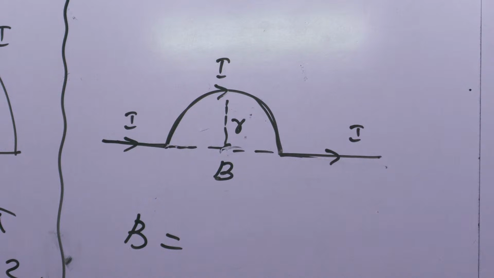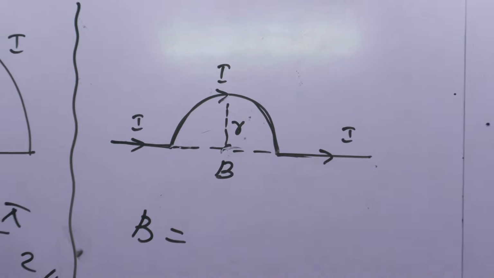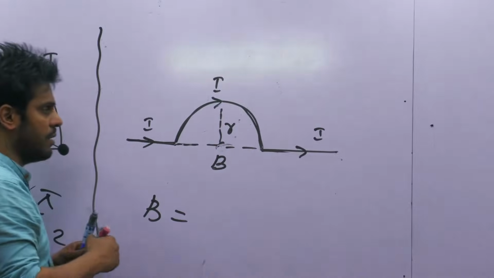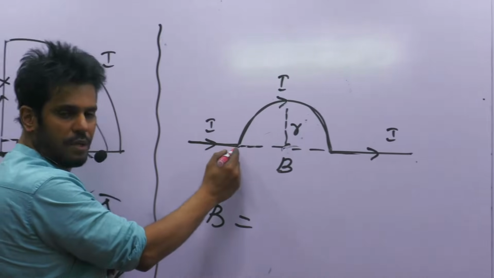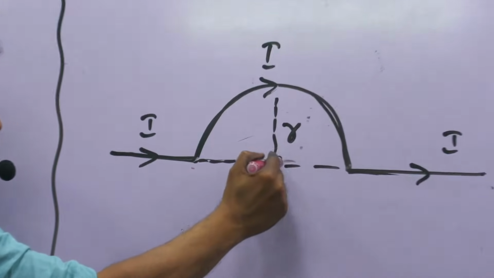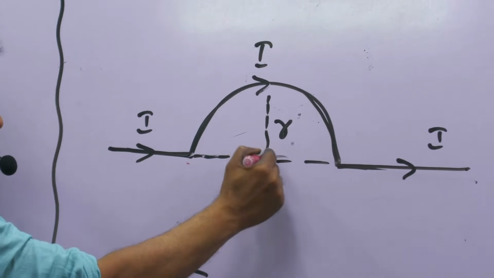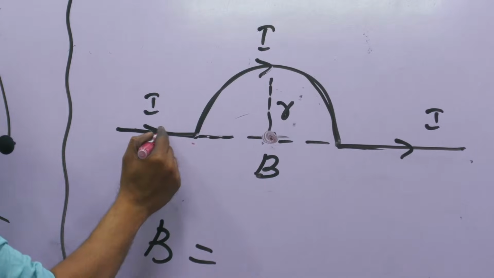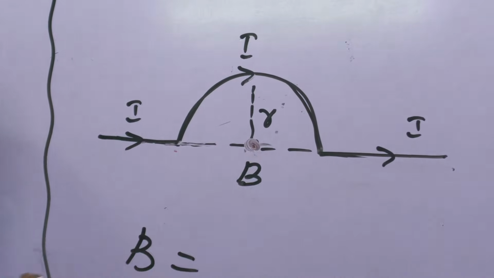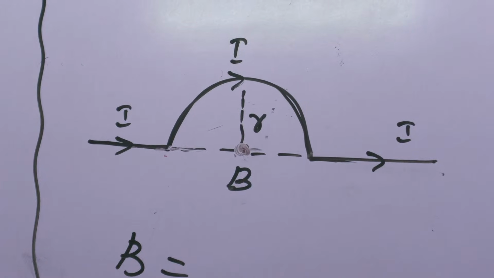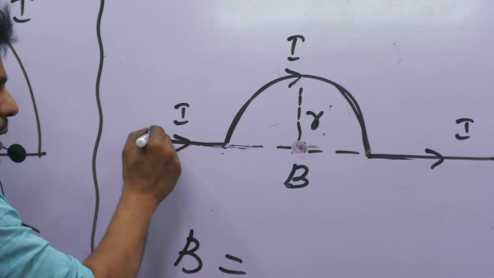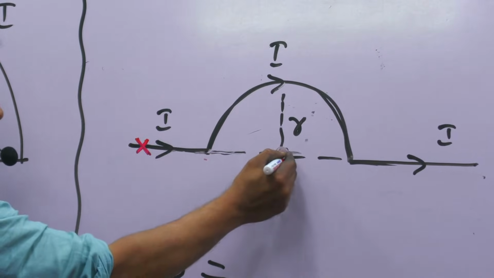Right. Now enough time. Now again I explain you. Right. Now you can see this is the necessary point. Now when you extend this line, you meet that necessary point. So this part does not make the magnetic field at center.